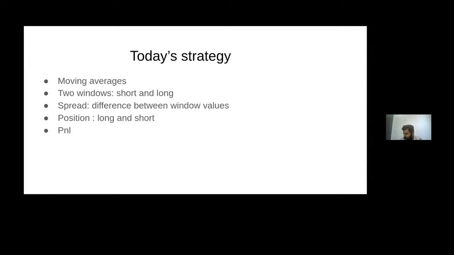This is the flow I believe one should have in mind while developing a strategy. As far as PNL is concerned, this may or may not be right. You can always evaluate it at your end.